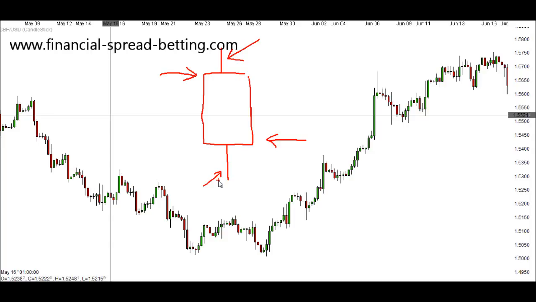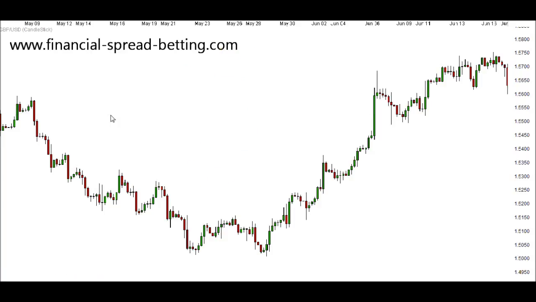So let's start off with engulfing candles. So what is an engulfing candle? Well, if we were to have a bearish candle that opened here and closed here, a bearish candle being a candle that closes lower than the opening price, it may look something like this.